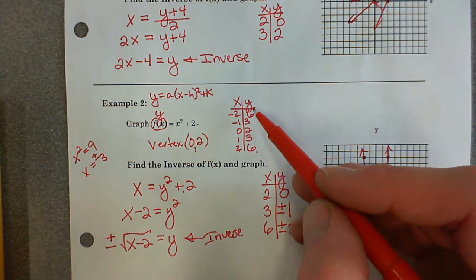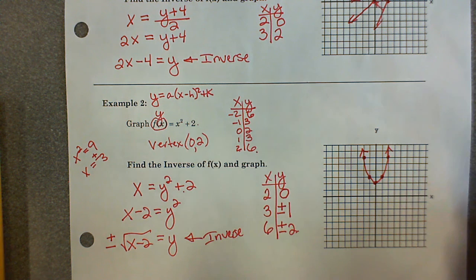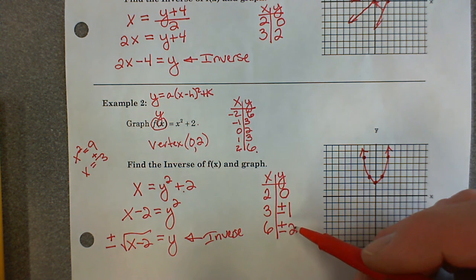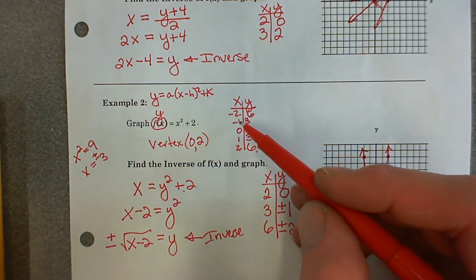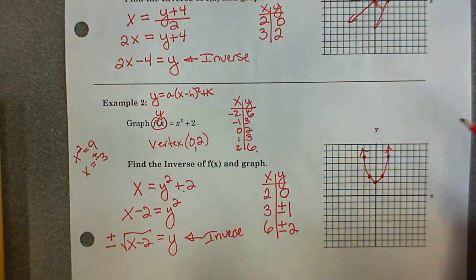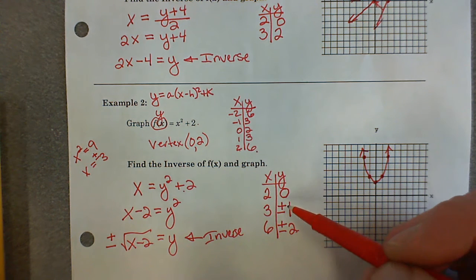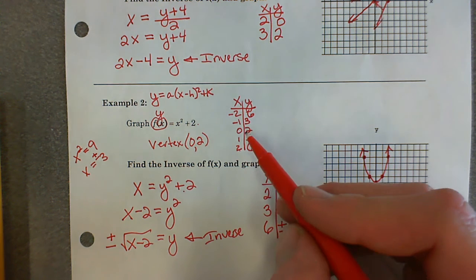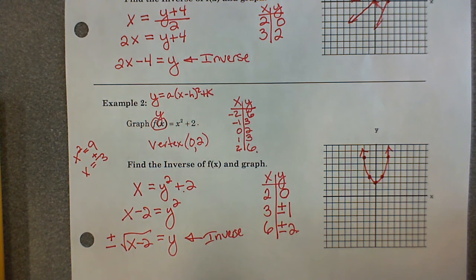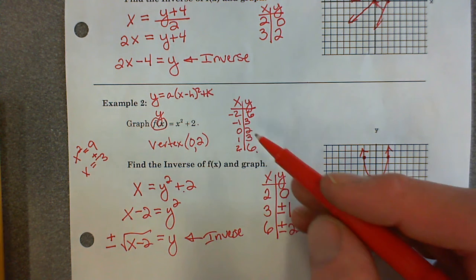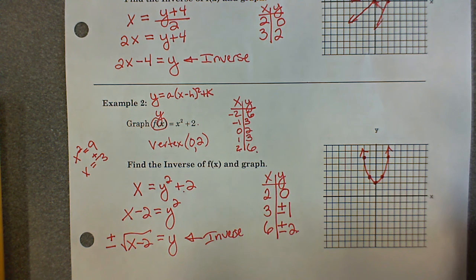See how this 6 came from a negative or positive 2? So this 6 has to give you the positive or negative 2. The same is true with the 1 and negative 1. Negative 1 and 1 both give you 3's. Well, the 3 gives you both positive and negative 1. And then the 0 got you a 2, so the 2 gets you a 0. So you can see these are truly inverse values.